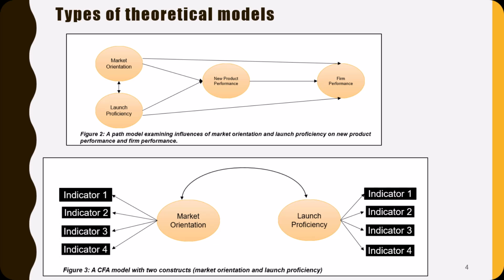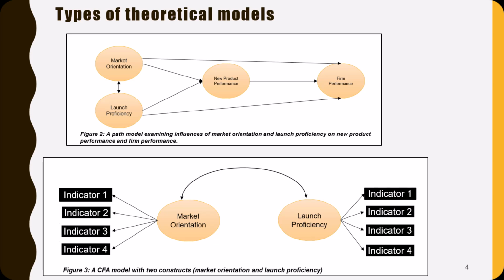And the third common type of theoretical models is CFA models, or confirmatory factor models. And this is a confirmatory factor model with 2 latent constructs, market orientation and launch proficiency. Each construct is indirectly measured through 4 indicators or observed variables.